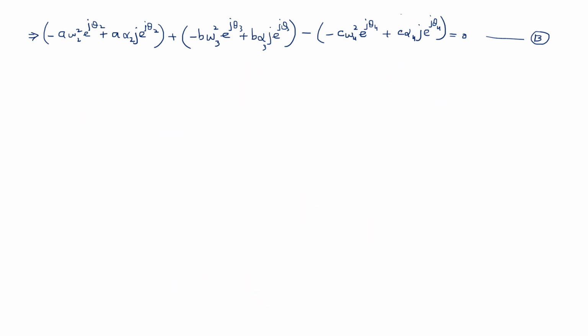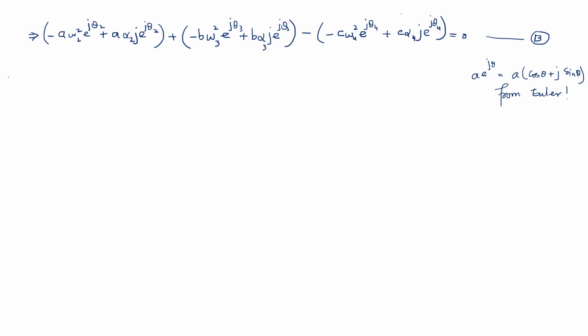So we already know that Euler's expression said that a e raised to power j theta can be written as a times cos of theta plus j sine of theta. So we are going to use this equation over here in order to further expand expression B. So let's quickly do that.